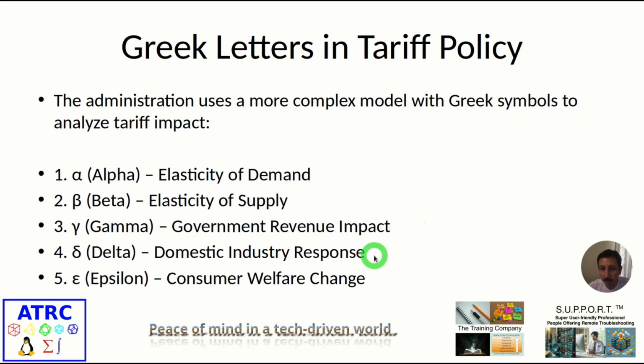Delta is the domestic industry response, and it measures how domestic industries respond to this kind of tariff. Epsilon, the consumer welfare change, captures the effect on consumer welfare, basically whether consumers are better off or worse based on this policy. These help policy makers predict both short-term and long-term effects before they implement these tariffs.